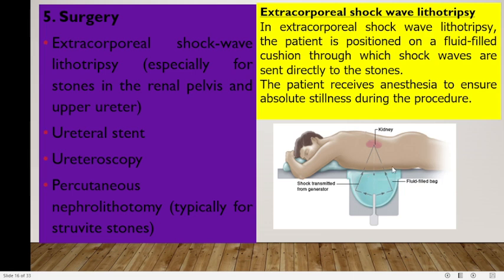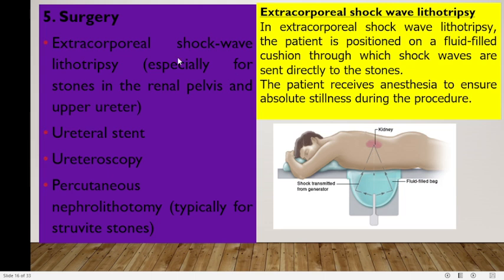Yes. So in extracorporeal shockwave lithotripsy, the patient is positioned on a fluid-filled cushion through which the shock waves are sent directly to the stones. The patient receives anesthesia to ensure absolute stillness during the procedure.